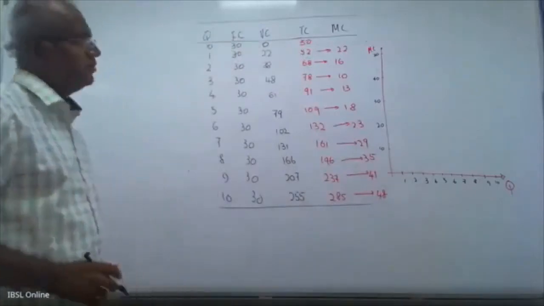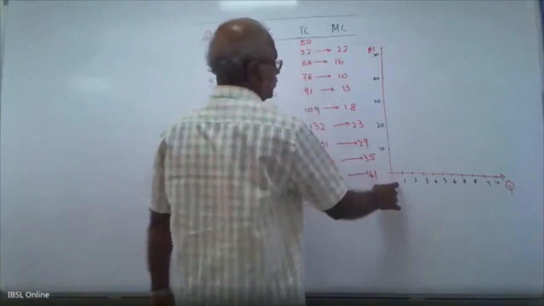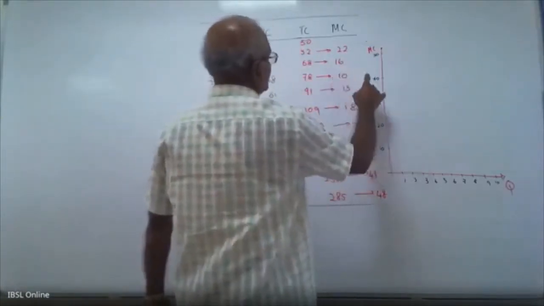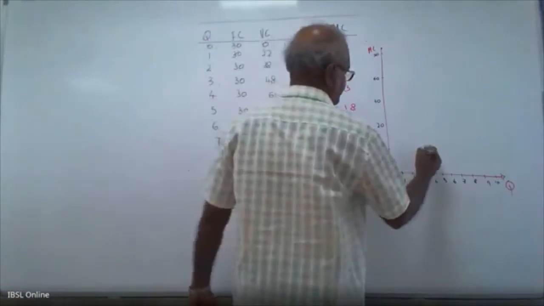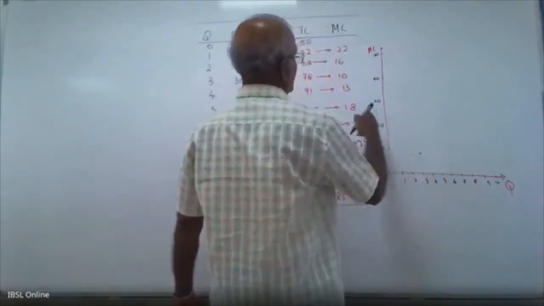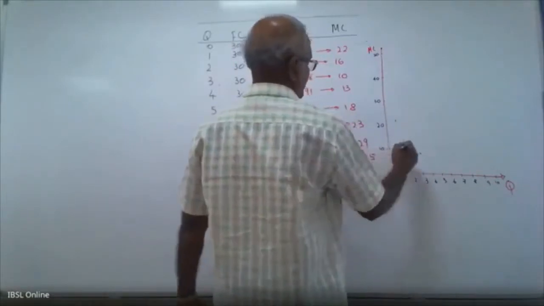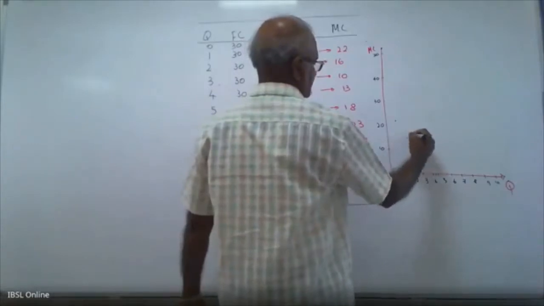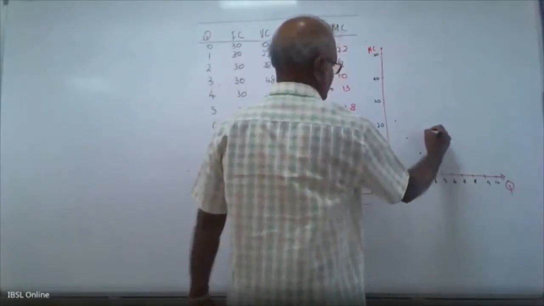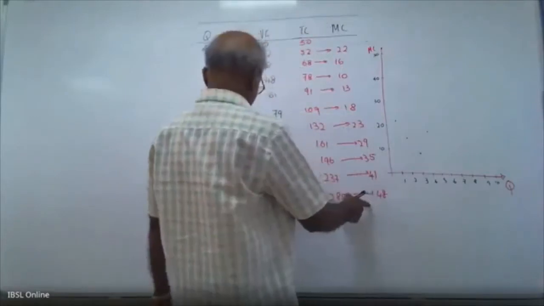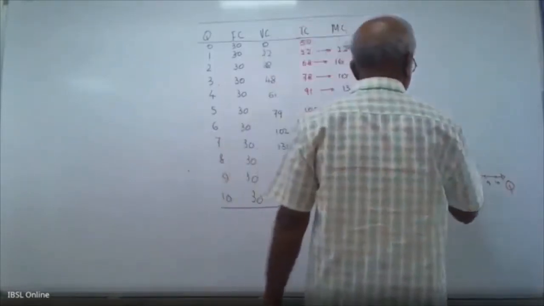Right? Quantity. Now mark. First unit 22. Second unit 16. Third unit 10. Like that. Fourth unit 18. Then like that, 10th unit 48. Now the MC curve is like this.